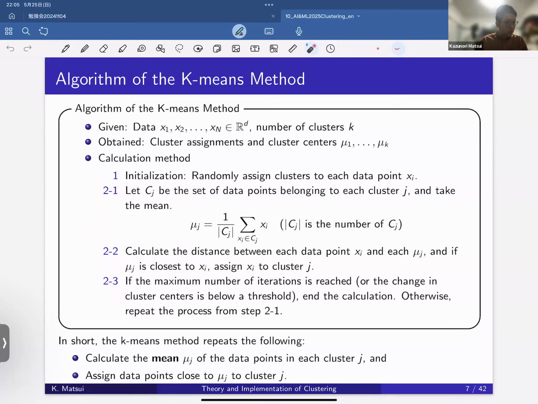To put it simply, this is a method that just repeats calculating the mean of the data points in cluster J and assigning data points close to the center of gravity to the cluster.